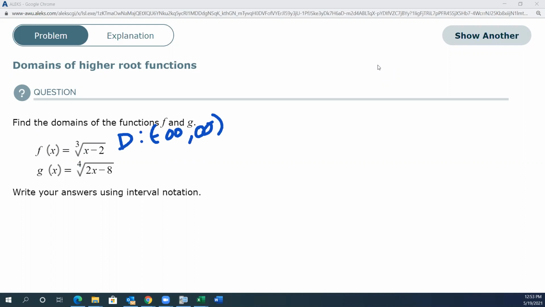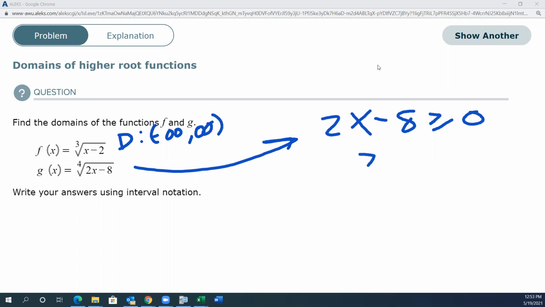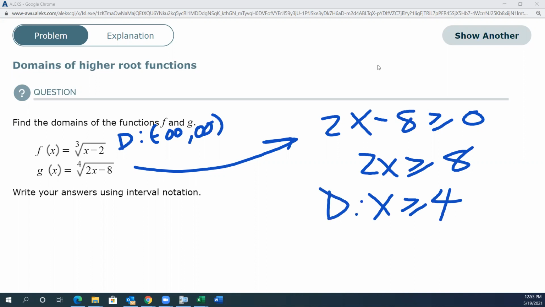You can't do that. It's just like a square root, because square root is also an even root, second root. So for that one, we would say what we did a moment ago. Whatever's inside must be at least 0. So add 8 to both sides and divide by 4. And that'll be the domain of g of x. And that's how we do it.